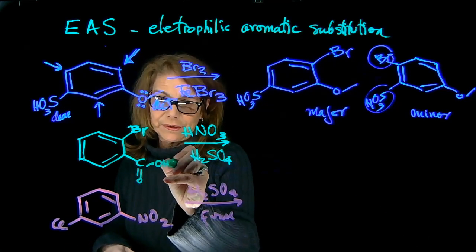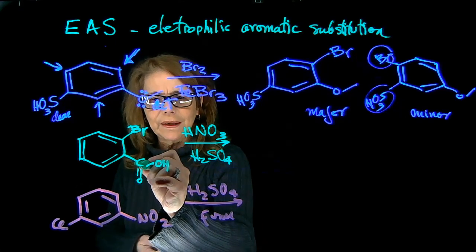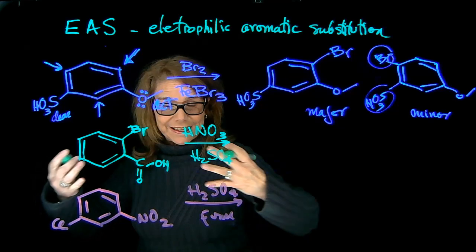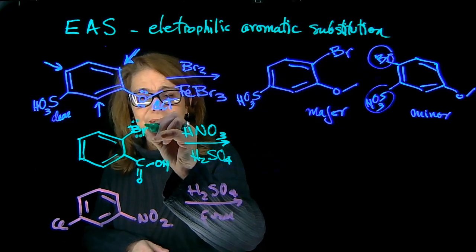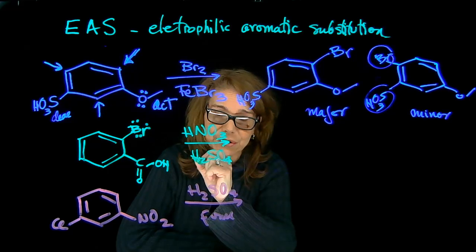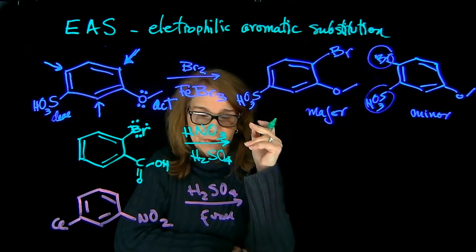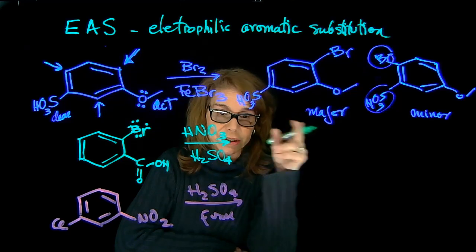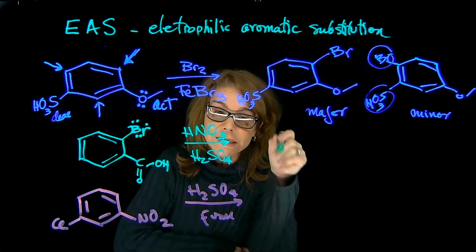So remember here that you have a dipole and also you have resonance showing you that this is delta positive, so it's electron withdrawing. Halides are deactivators, but these are the weakest deactivators. So when you are between two deactivating groups, the regioselectivity, the position of the product, is going to be determined by the weakest deactivator.